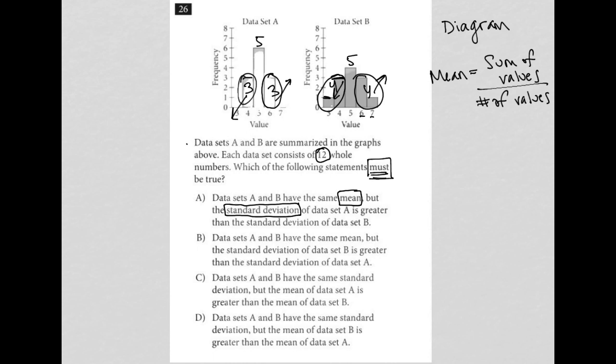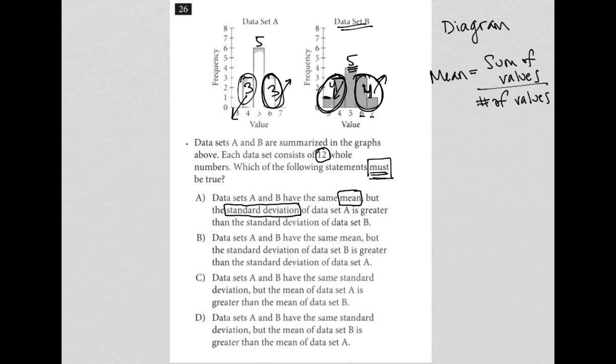Okay, so between these two, which one has a greater standard deviation? Well, the one that has more data points going further away from the mean, right? So data set B should have a greater standard deviation because these values, the 4 here that are greater than 5 and the 4 here that are less than 5, deviate from 5 more than only having 3 values that deviate from 5.